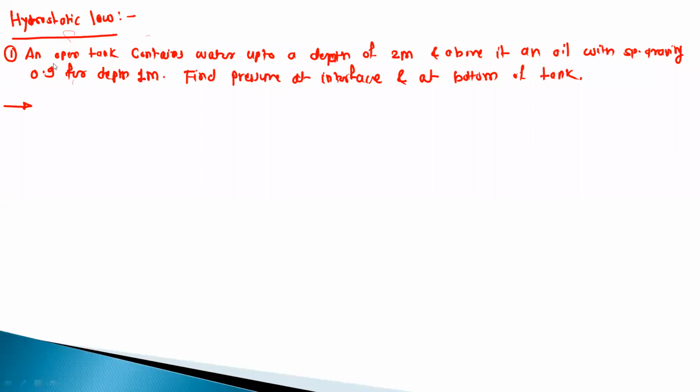Okay, so now we will solve one problem on the hydrostatic law. Here the problem given is: an open tank contains water up to a depth of 2 meter, and above it an oil with specific gravity 0.9 for a depth of 1 meter.